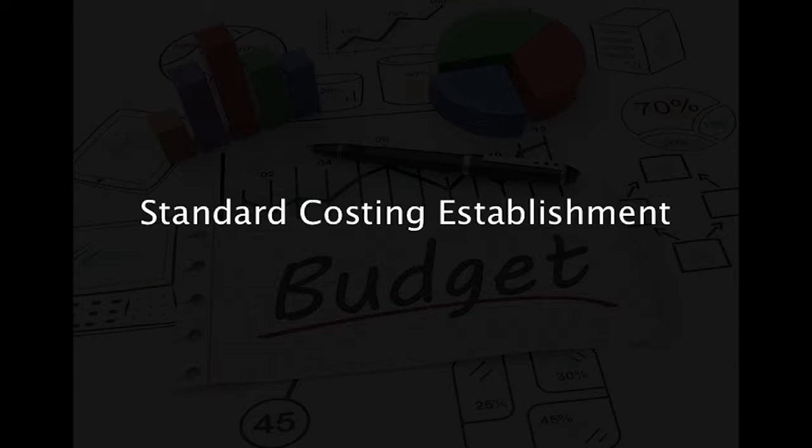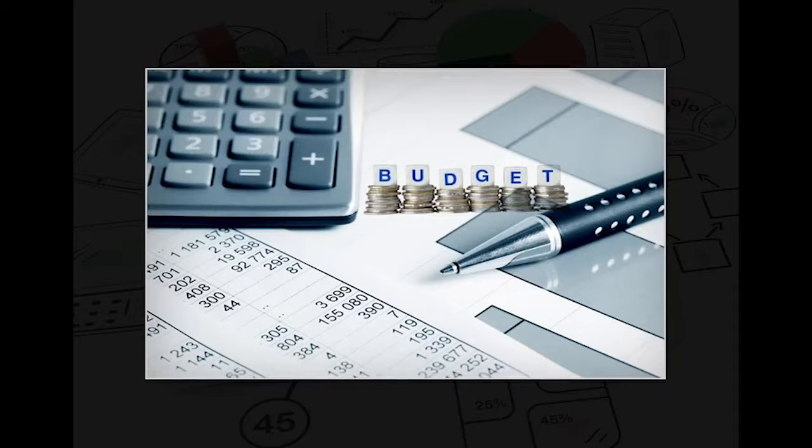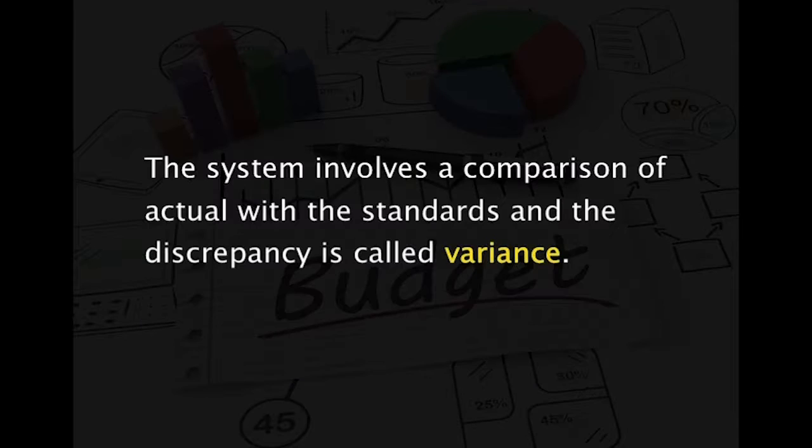Standard costing establishment. The cost of production determines the profit earned by an enterprise. Standard costing can be used for the purpose of cost reduction and cost control. The objective of this is the same as the budgetary control. The system involves a comparison of actual with the standards and the discrepancy is called variance.